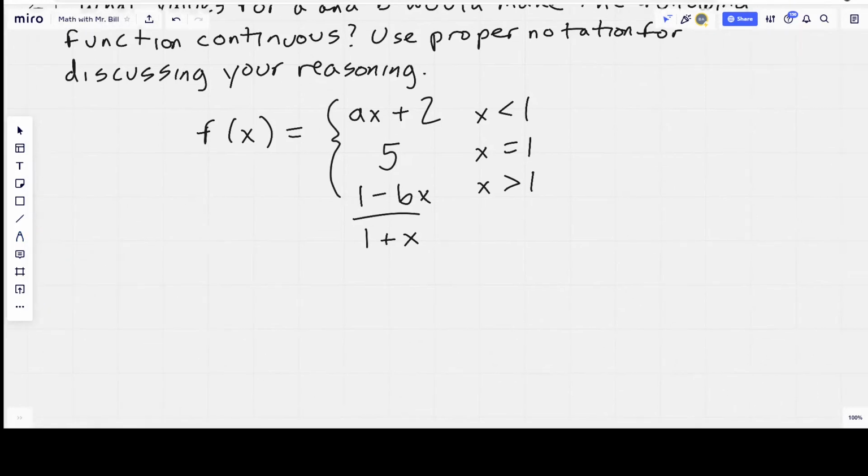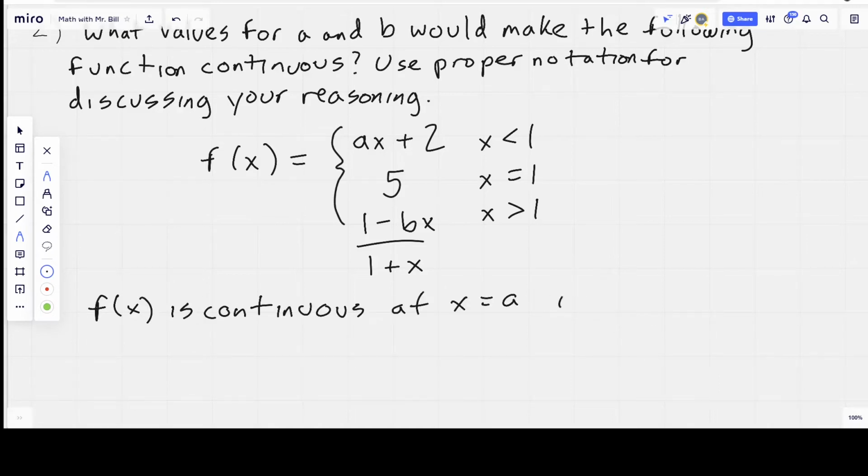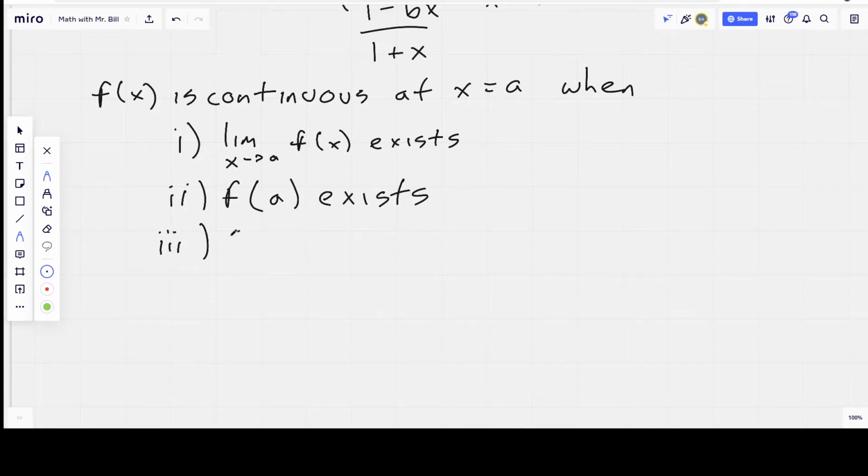If you remember from the discussion, when we want to talk about continuity, we talk about f of x being continuous at a point a, so at some x value a, when the following conditions are met. The limit as x approaches a of f of x exists, the function itself exists, that f of a exists, and that the limit as x approaches a of f of x is equal to f of a.